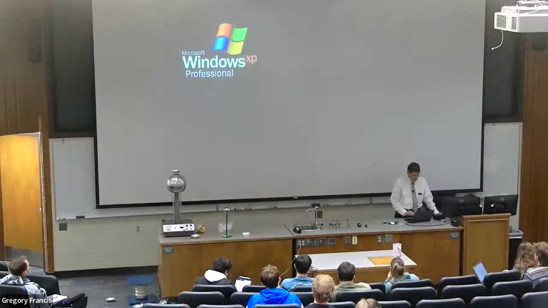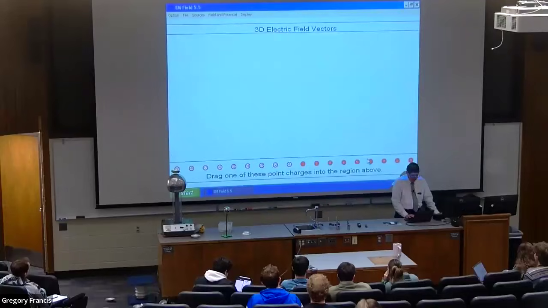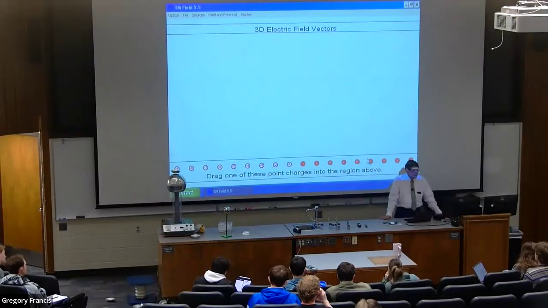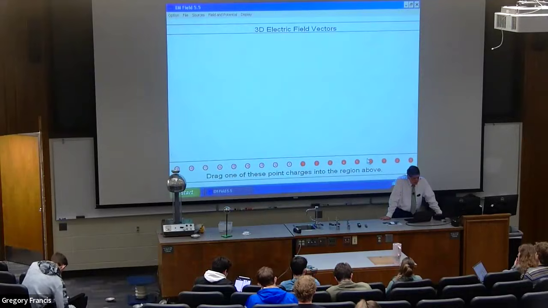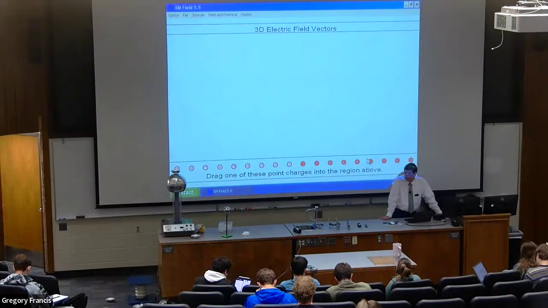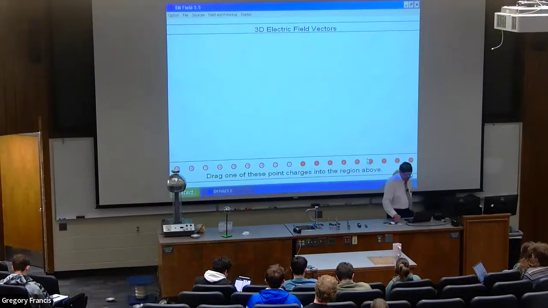It turns out that this program was meant to run on an 8-bit processor, and it's never been rewritten for modern computers. So what I had to do is actually create a virtual machine that's running Windows XP. We're going back to the before times, okay? So you'll be patient with me, please.